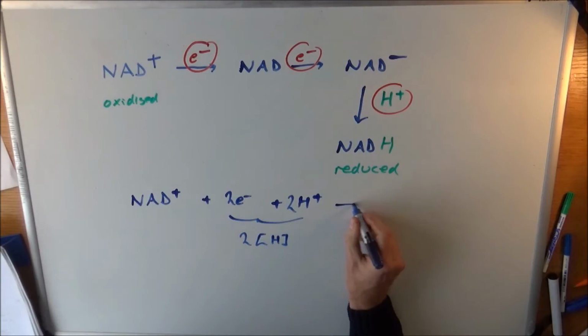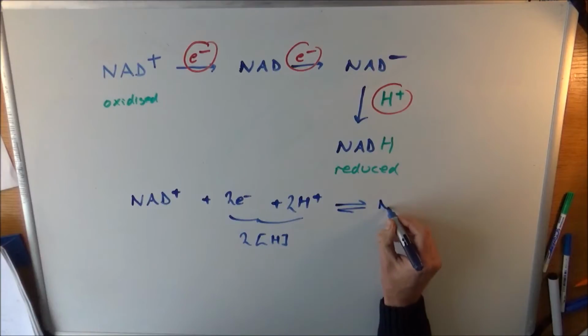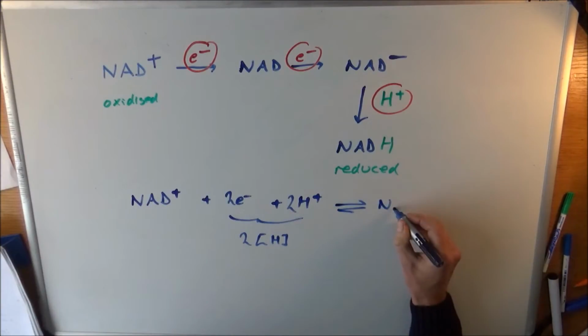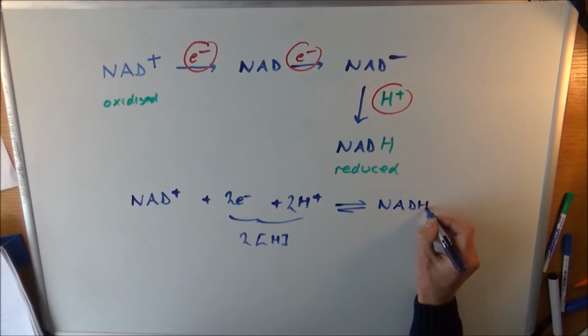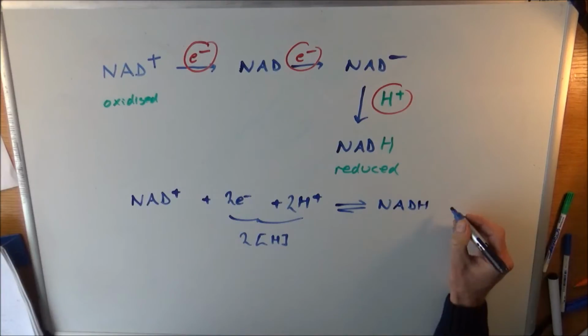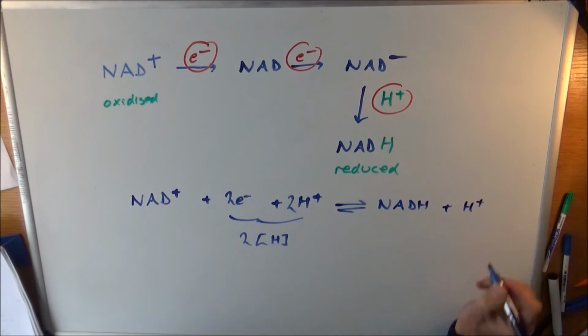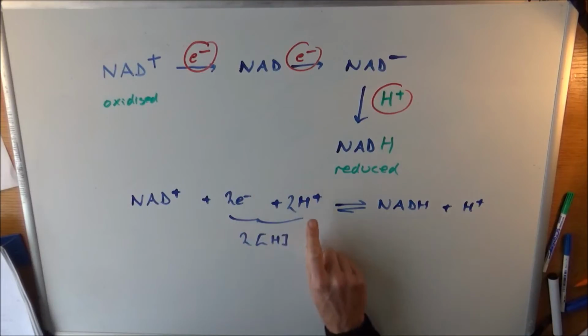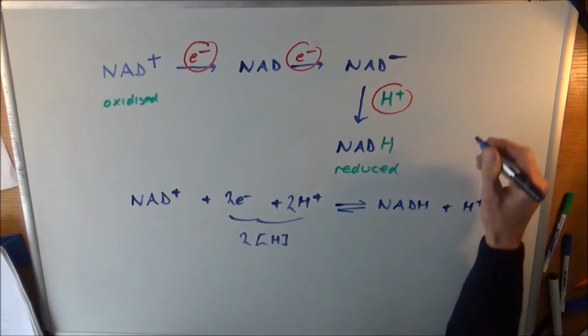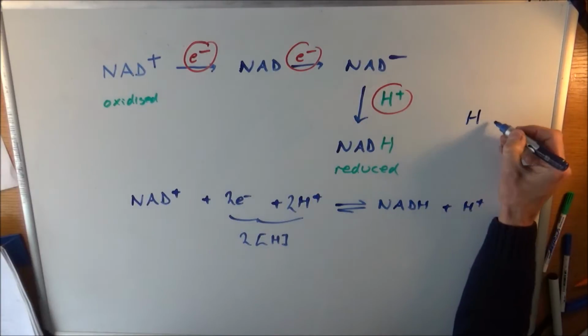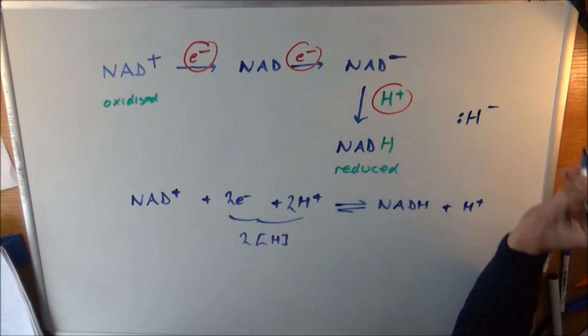What happens is, and I'll put this as a reversible, only one of these protons goes on, so you get NADH, and the second proton just stays in solution. So strictly speaking, NAD is a carrier of a pair of electrons and 1 proton. In chemistry that would be a hydride ion. Effectively it's a hydrogen atom that we've put an extra electron on.